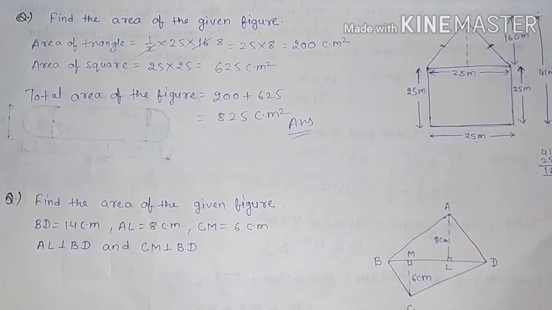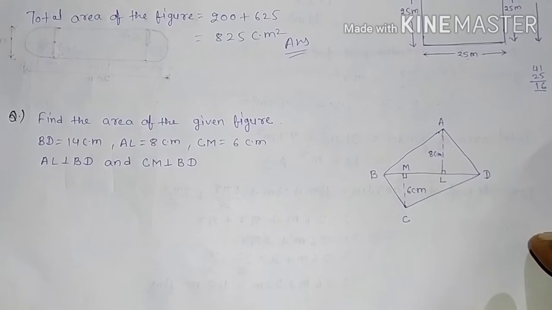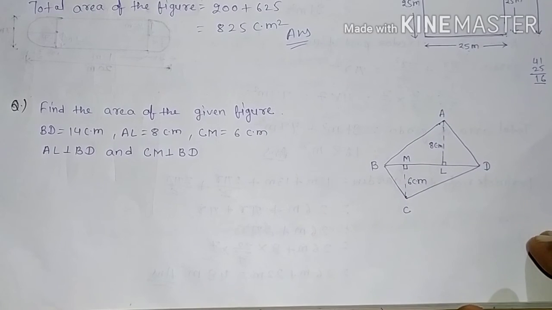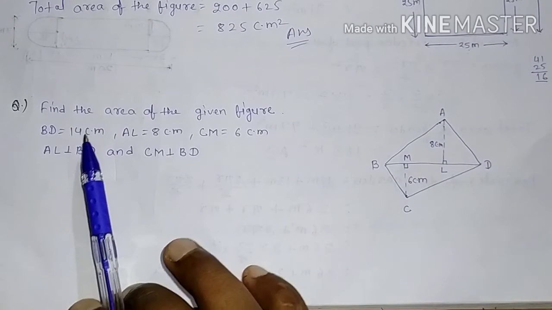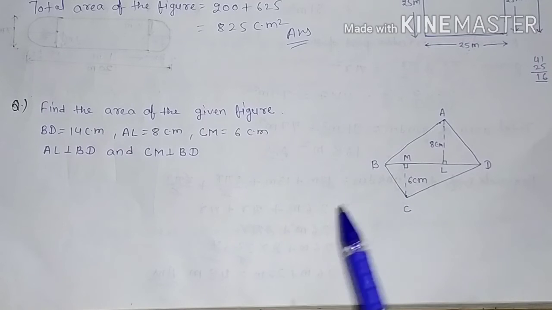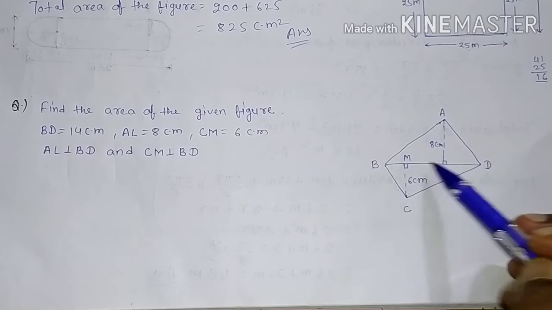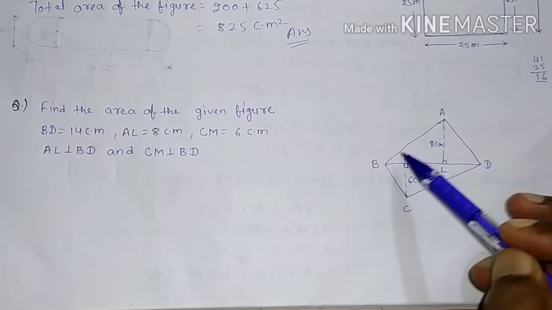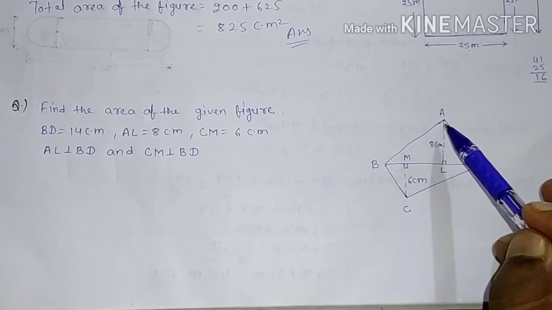Now the next question is, find the area of the given figure. Figure is given where some measurements are given. Now the upper part of this figure is a triangle, that is ABD, where base is BD and height is AL.